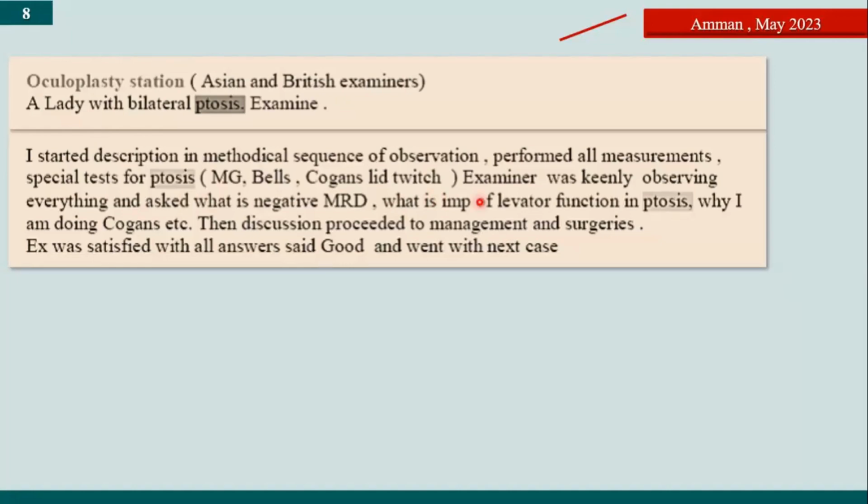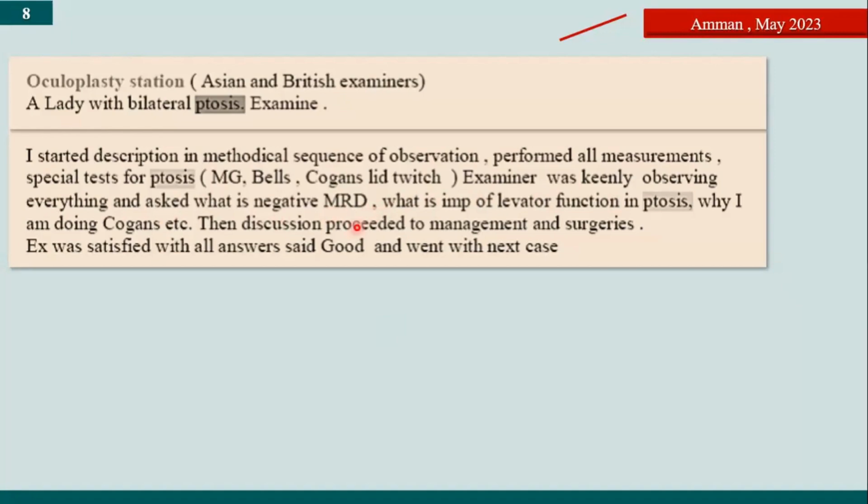The examiner was keenly observing everything and asked, what is negative MRD? What is a negative MRD? By the way, is it MRD or MRD1? MRD1, because we have MRD2. Some older references just say MRD, but you have to say MRD1, and you have to know what each letter stands for, margin reflex distance.